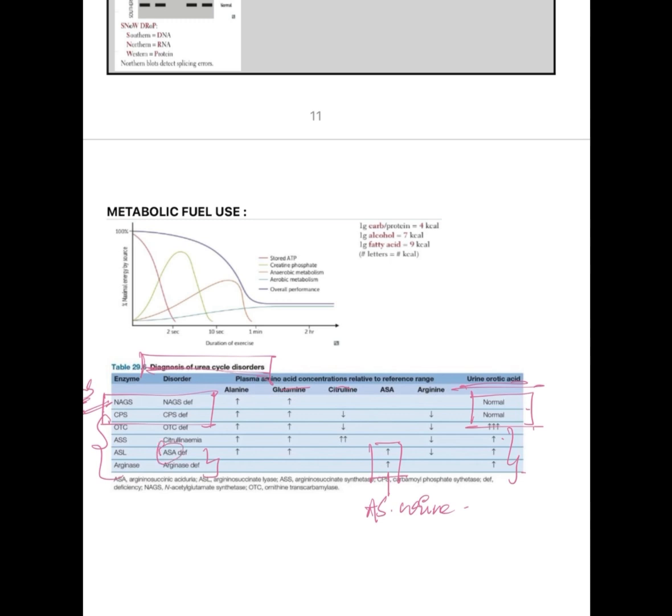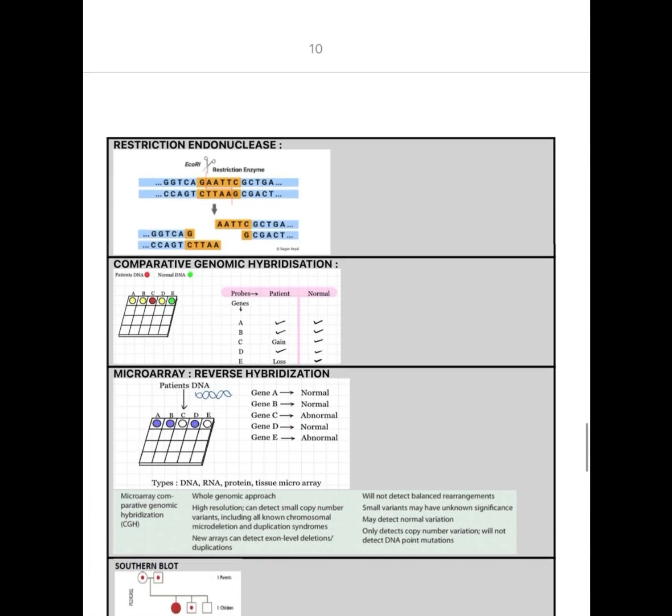ASA lyase deficiency, so argininosuccinic acid will be excreted in urine. What is its downstream pathway? Arginase deficiency. So in these two, if they give ASA elevated along with urine orotic acid elevated, think of these two. Okay, then there is other stuff, but these are the most important pattern based approach for urea cycle disorders.